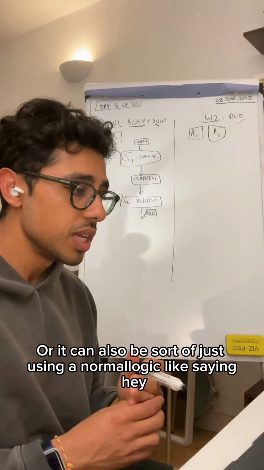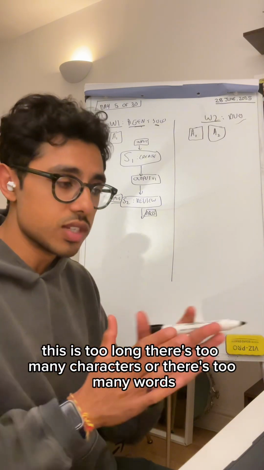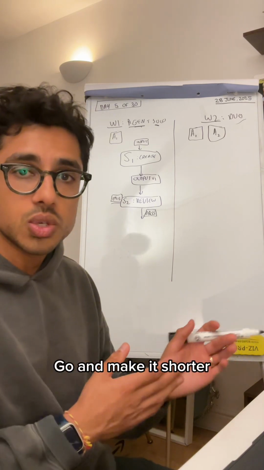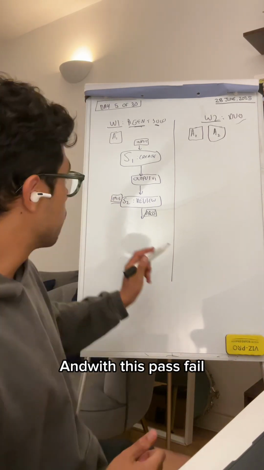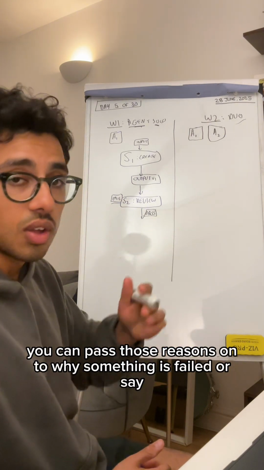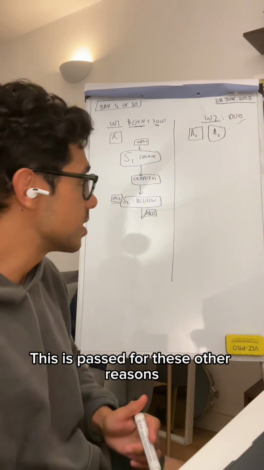Or it can also be just using normal logic, like saying, hey, this is too long, there's too many characters, or too many words, too many sentences, go and make it shorter. Or the inverse as well, make it longer. And with this pass-fail, you can pass on the reasons why something has failed, or say this has passed for these other reasons.